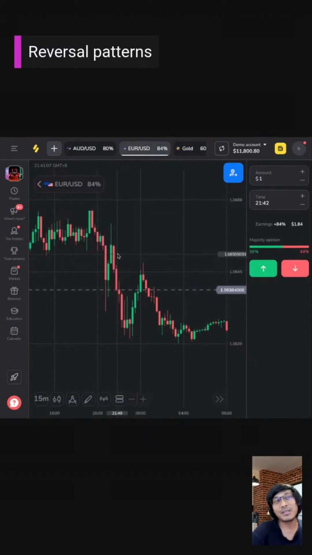Now we can confidently say that the number of sellers is far greater than the number of buyers, because the green candle cannot sustain itself, so the body is pushed down all the way here, and then the next candle immediately turns red and goes lower than the opening price of the green candle, so the asset moves lower. So that's a reversal right here.